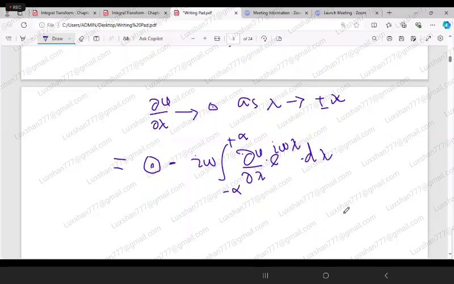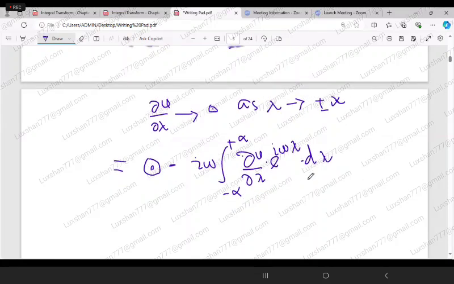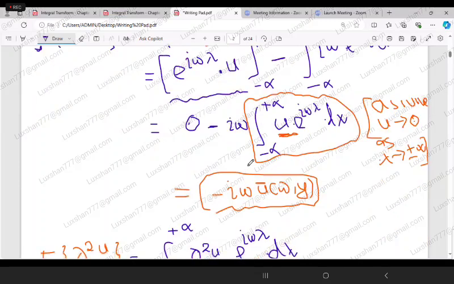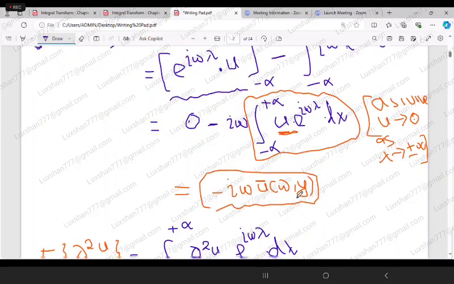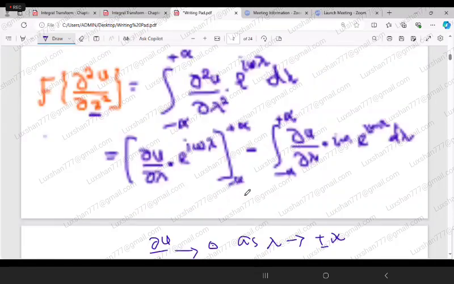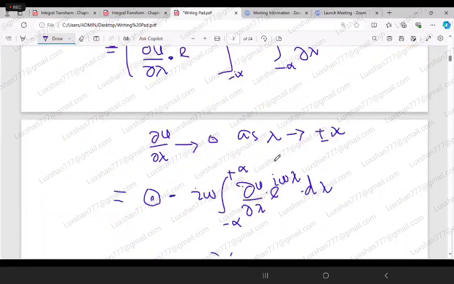Actually, you can differentiate once more, or otherwise you can use the result of this one, ∂u/∂x, what is that? Minus iω ū(ω). So if you just put that in, minus iω into, again, what is that? Minus iω ū(ω, y).